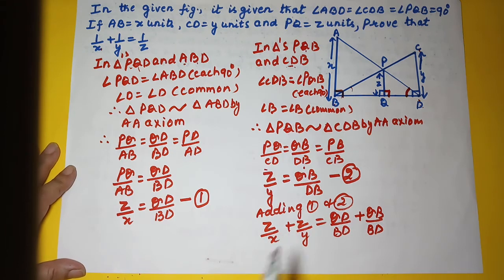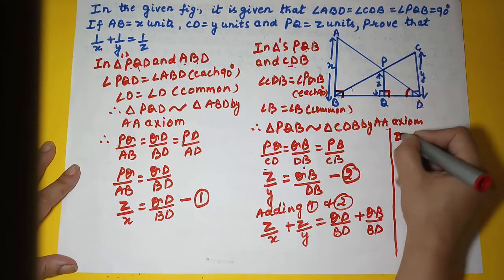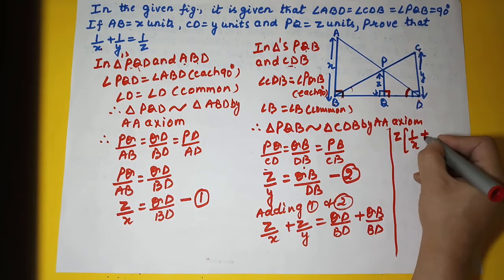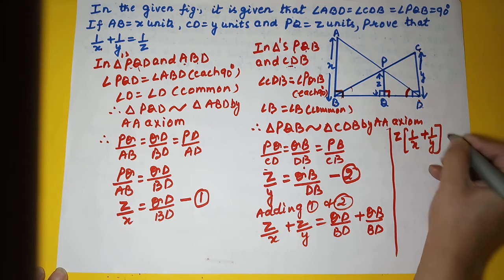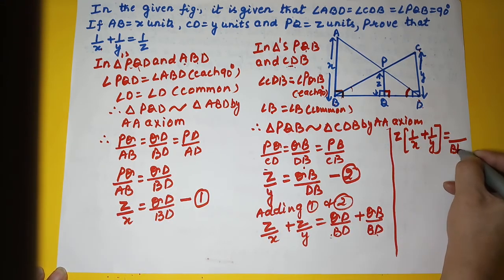Now here in the numerator I can take Z common, so I will get Z into 1 by X plus 1 by Y equal to, I can take BD as LCM here, so I will get QD plus QB upon BD.